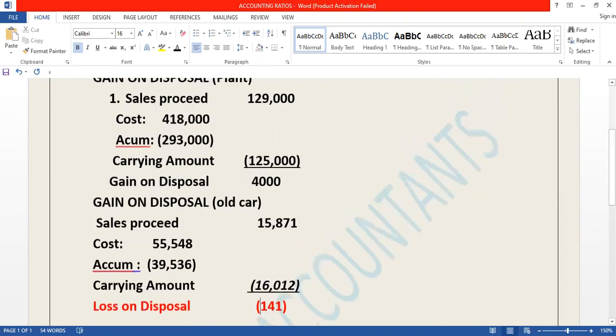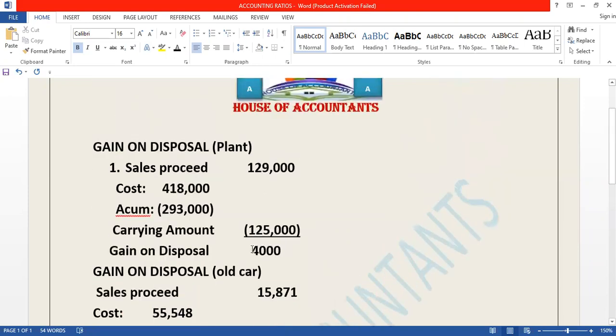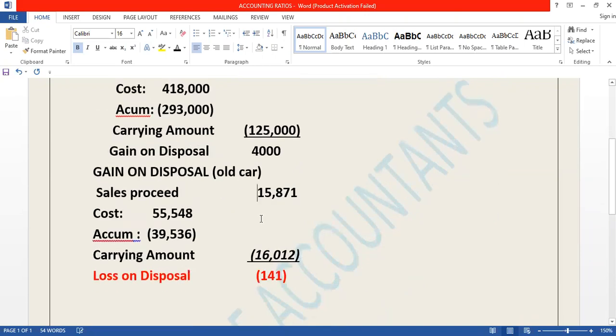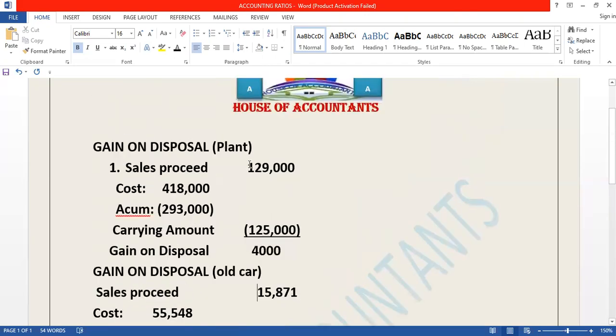The first one was 129, and the difference between this.